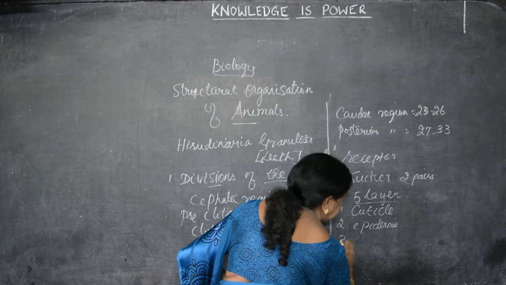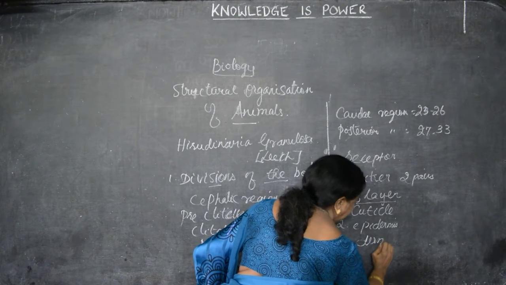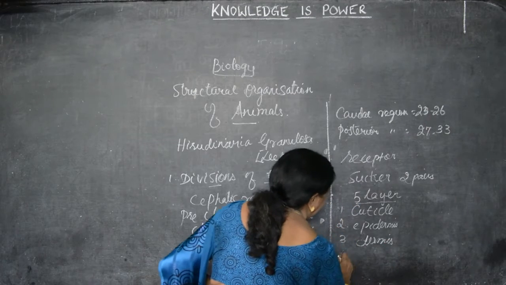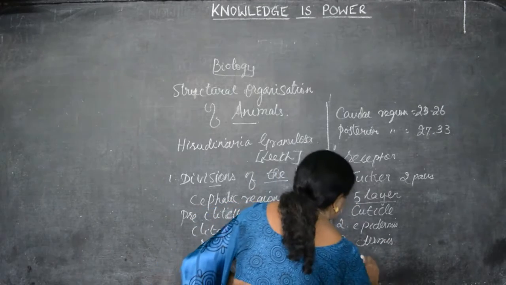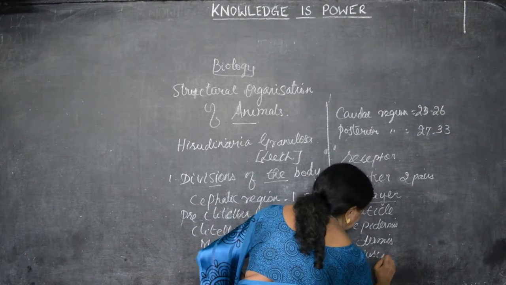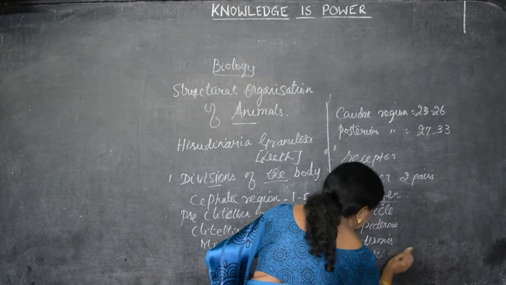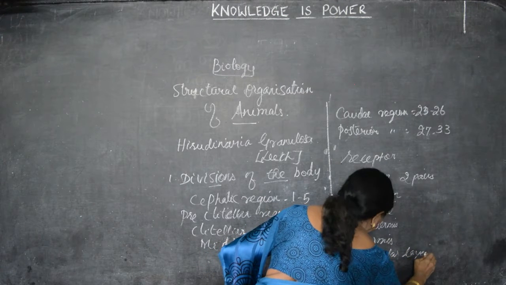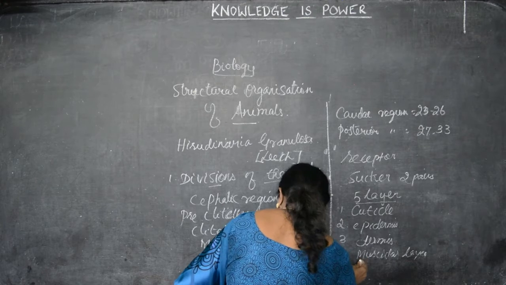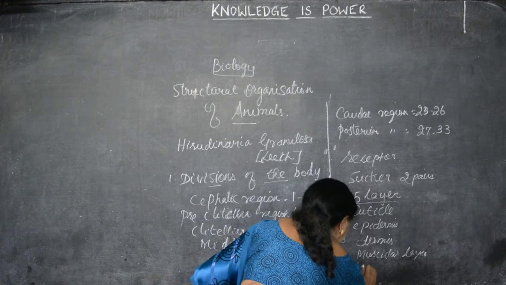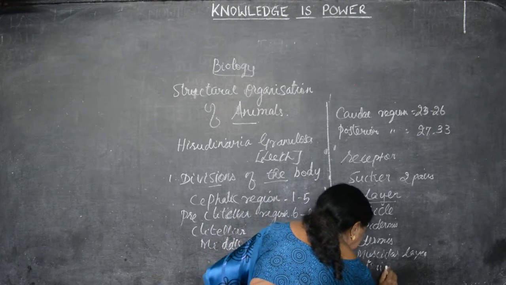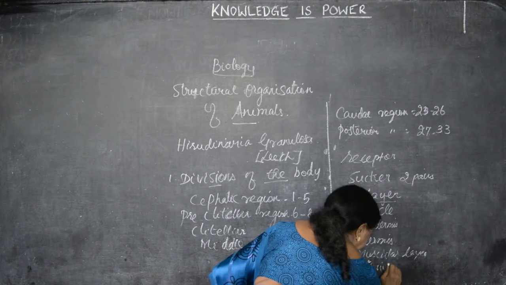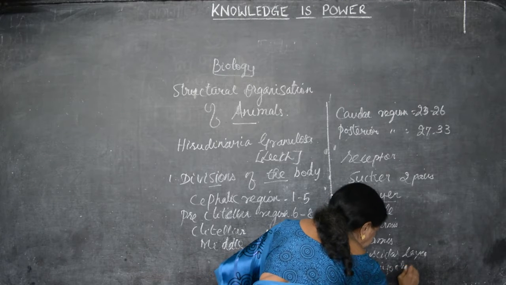Next to epidermis, dermis. Muscular layer. And finally, botryoidal layer.